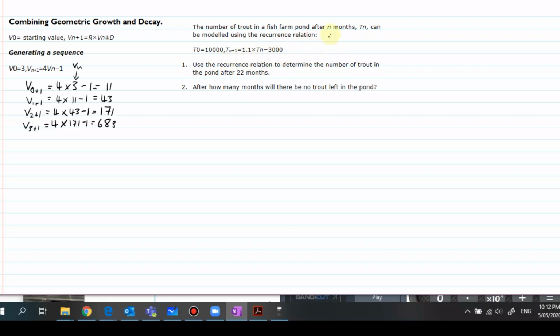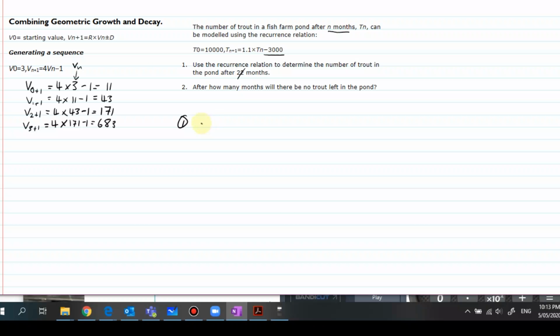N is months, so every month we get an increase of 10%. And the fish farm takes out 3,000 fish every month. Oops, I made a boo-boo there. That should be 2 months, not 22 months. Use the recurrence relation to determine the number of trout in the pond after 2 months.